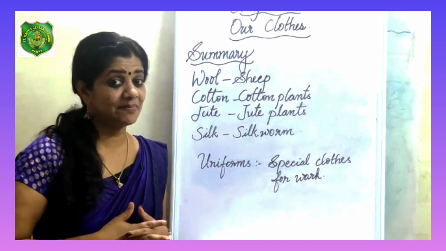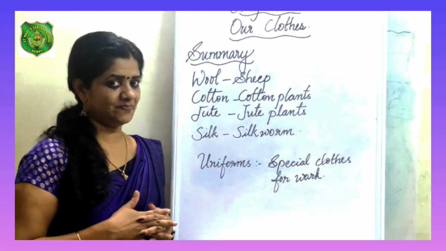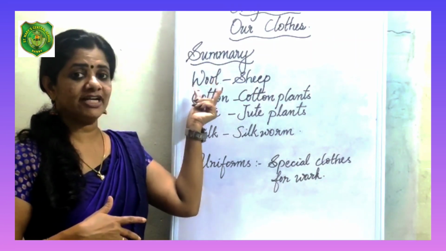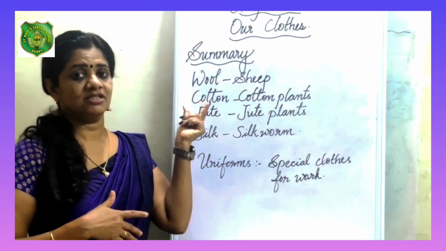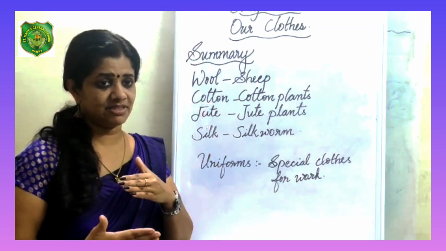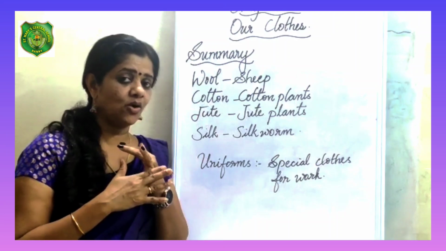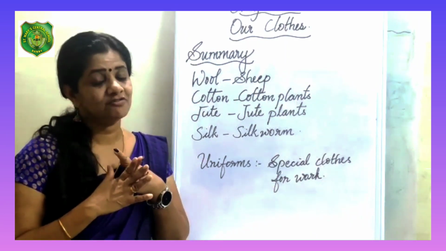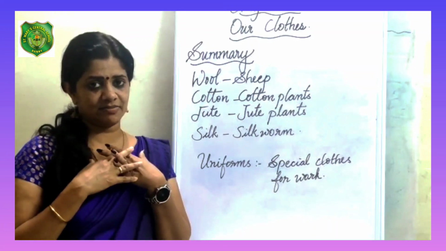So let us summarize what we learned today. We learned that we get different types of clothes from plants and animals. That is, we get cotton clothes, woolen clothes and silk clothes from plants and animals.